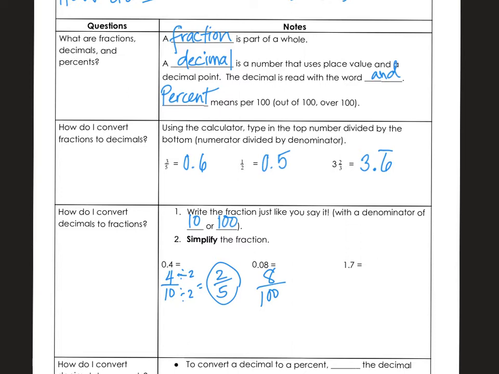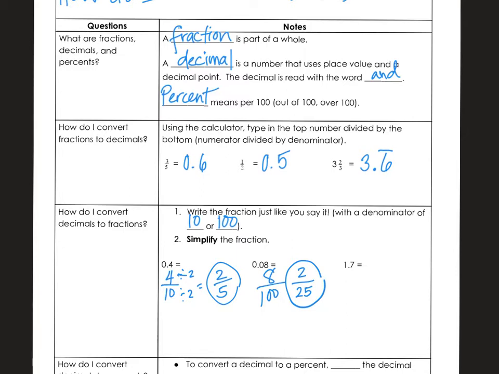They both can be divided by 4, and when we do that, you're going to get 2 as your numerator, and when you divide 100 by 4, you're going to get 25 as your denominator, and that's as far as we can go.